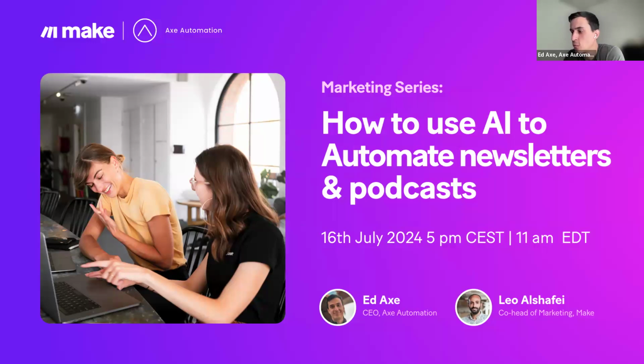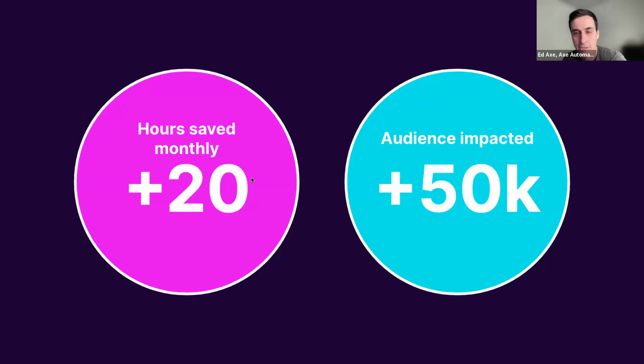Yeah, I would say that, of course, hours saved is the top metric that we look at. Usually, when we start working with a new client, that client is spending a lot of time manually doing a certain process.